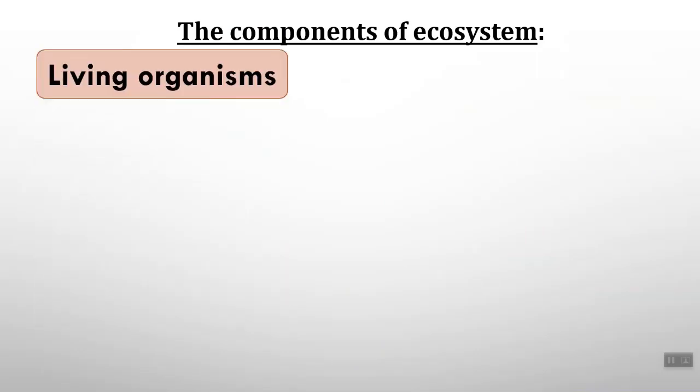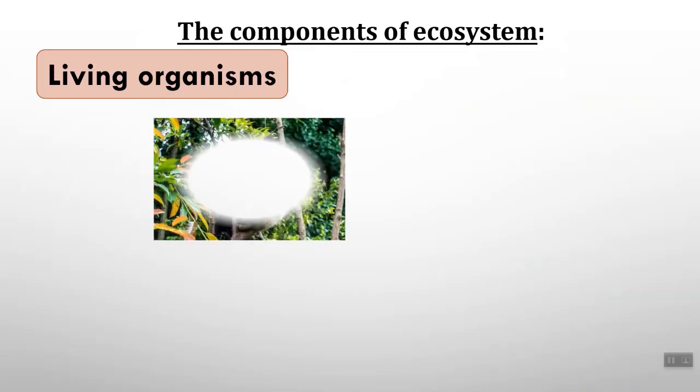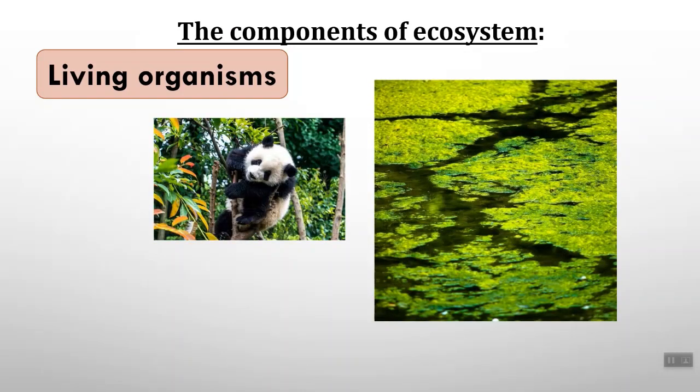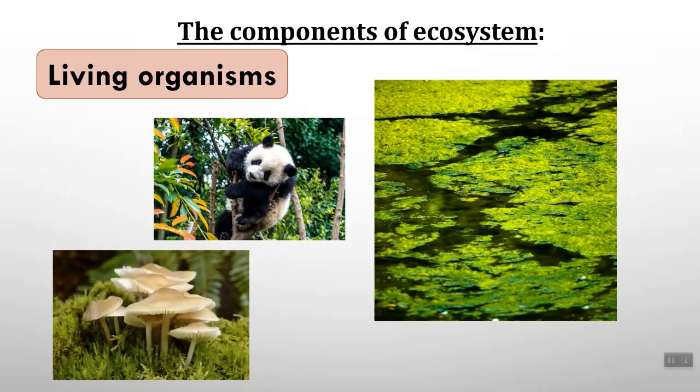Here we have the components of the ecosystem. We have the living organisms such as plants and animals. Also the algae, these green organisms that live on the water. And we also have the fungi. So these are the living organisms that can live in the ecosystem: plants and animals, algae and fungi.